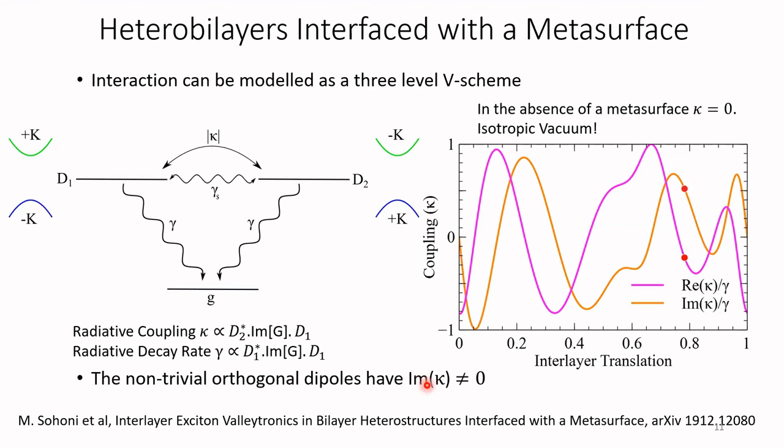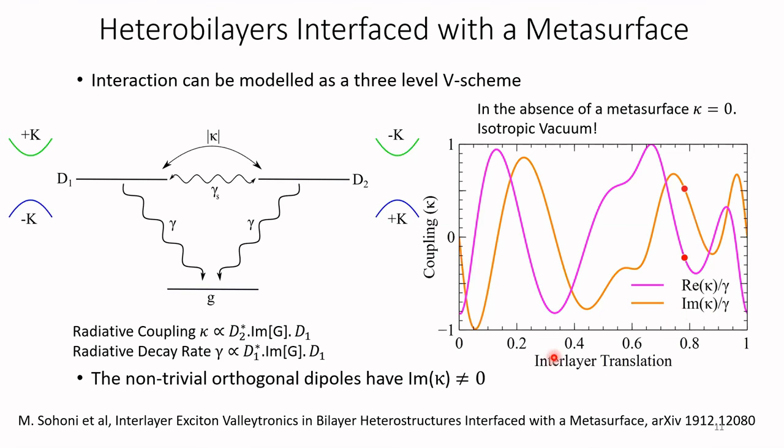Physically, what an imaginary part of kappa means is the phase of the vacuum field. If kappa is real, the vacuum field has a certain phase, and if there's an imaginary part of kappa, that means the vacuum field has a different phase attached to it.